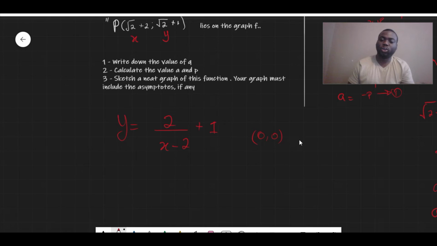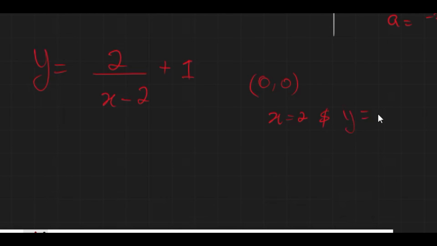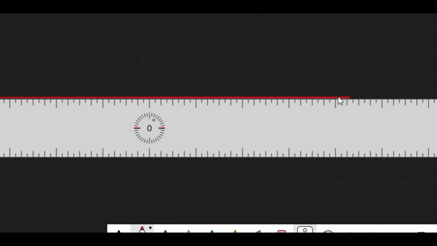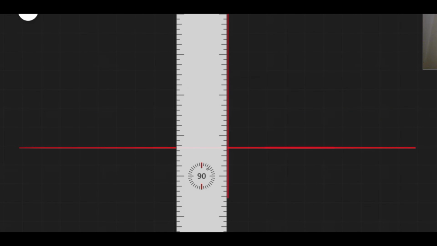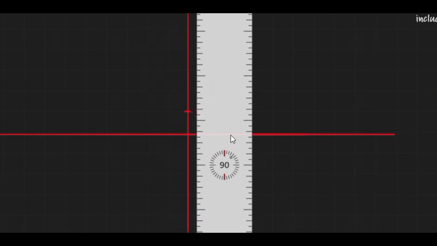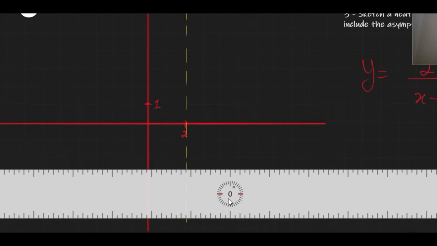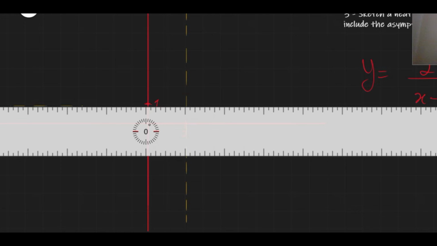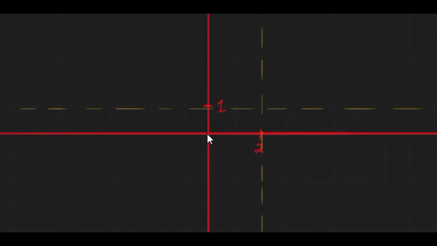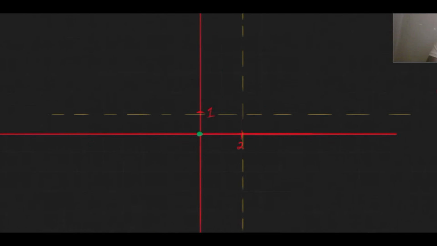Another thing we also know is our asymptotes: x = 2, y = 1. Since our a is positive, our graph will be drawn in the first and in the third quadrant.